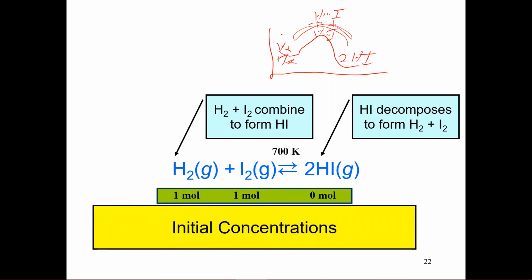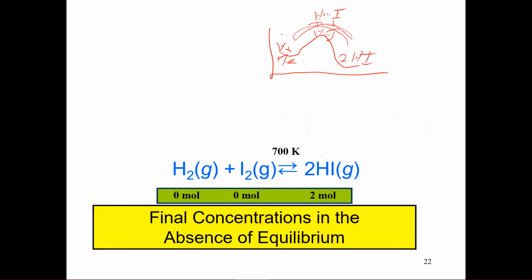Okay, so we start off with 1 mole of each of them, and 2 moles of the HI. The final concentrations in the absence of equilibrium: if you did not have an equilibrium, essentially it all goes all the way down there. This going back is too high to reverse.